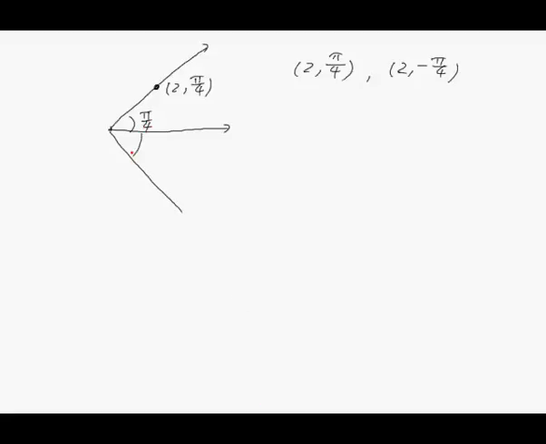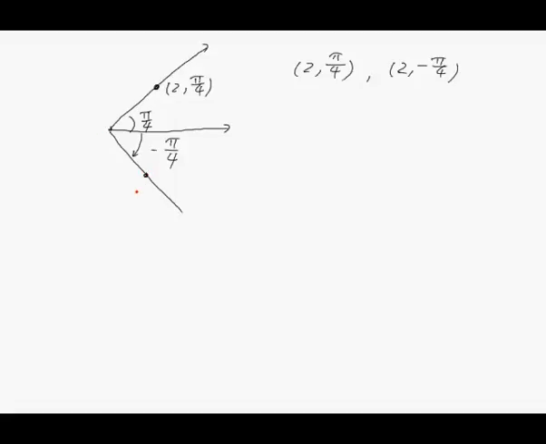And then this guy is the negative pi over 4. And since this 2 is positive, we just locate the one point which is 2 units away from the pole, but in the terminal side of this angle, right? So 2 units away from the pole is here.